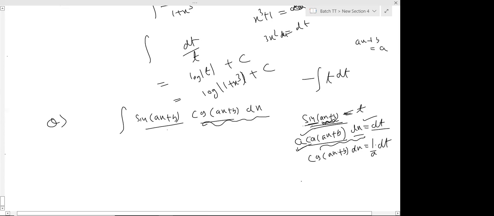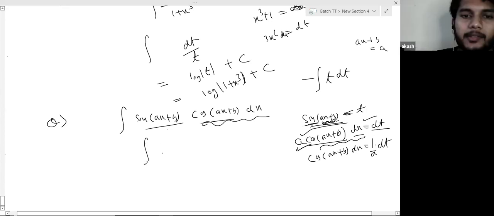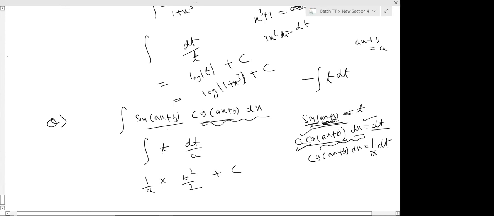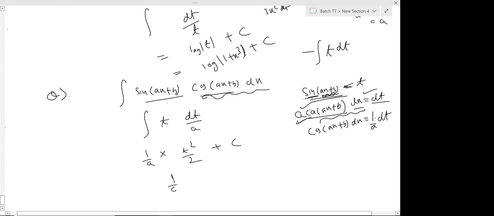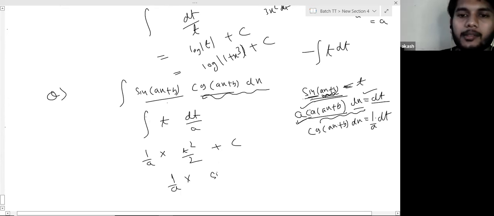Okay, sir. So now let's replace this. This is t. This is dt by a. So 1 upon a is outside. Integration of t dt is t square by 2. So 1 upon a into sine ax plus b whole square by 2 plus c.